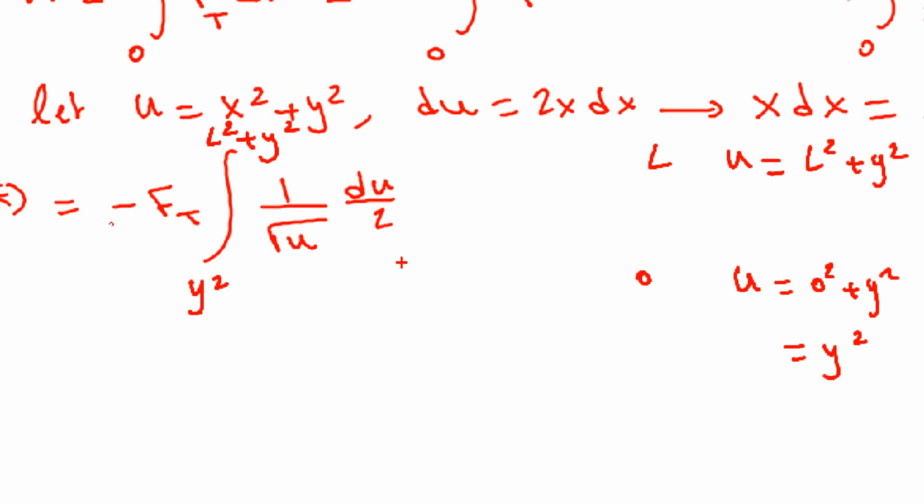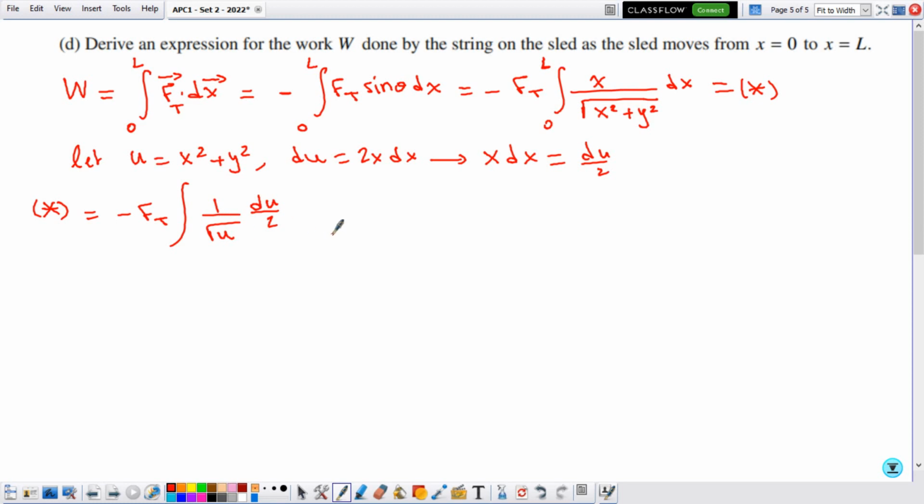Okay, now a trick in order to avoid these steps is just to leave it as an indefinite integral. Whenever we replace u again by x square plus y square, we will place the given boundaries. Now in this case, the half can be taken out, so this is minus Ft divided by 2.